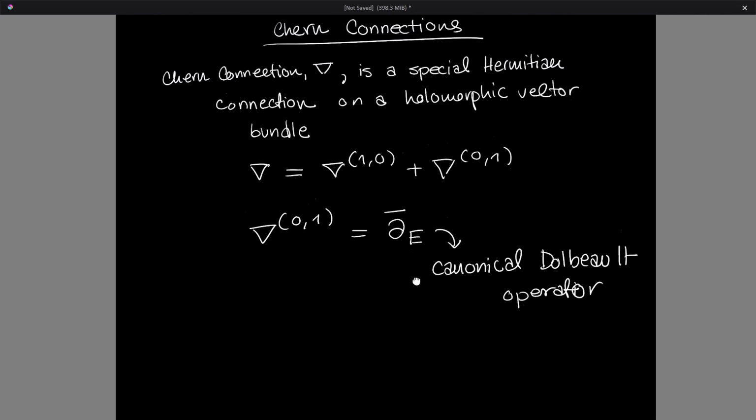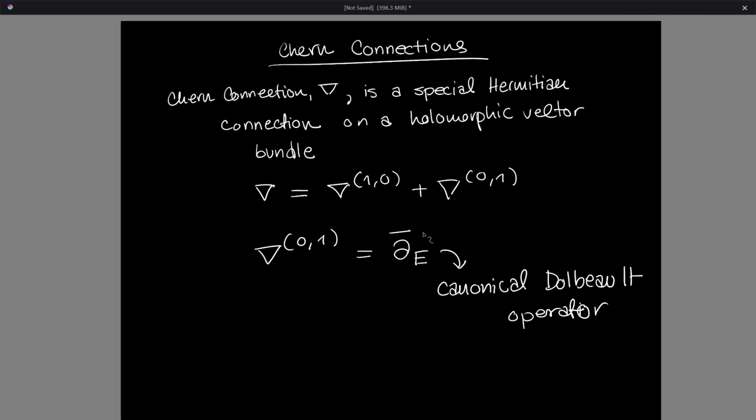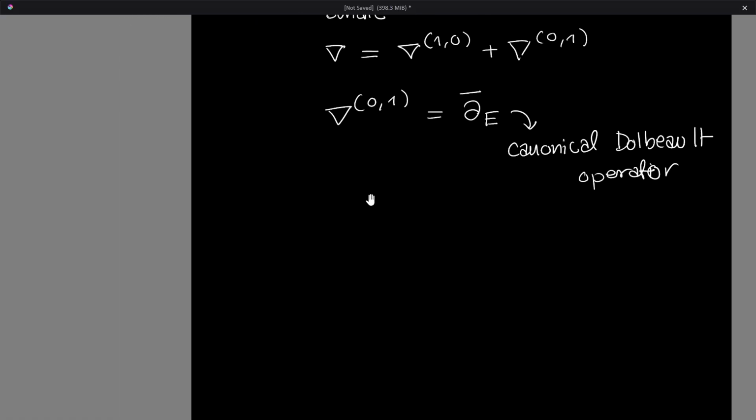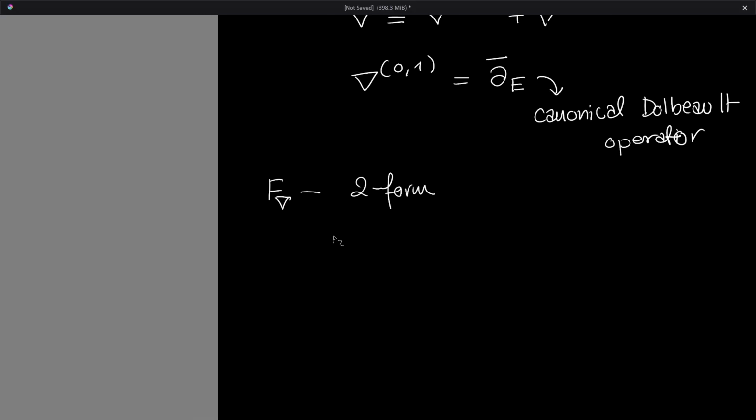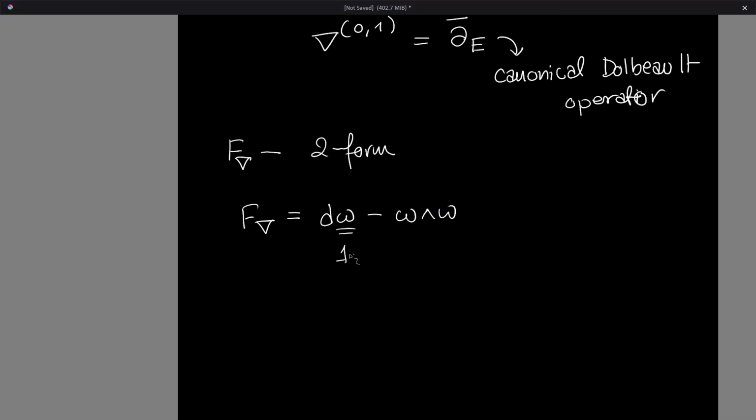So Chern connections are going to become really important because they're going to be the connection that we add onto a Kähler manifold, and in light of this manifold, we get a special decomposition of F nabla. F nabla is a 2 form, right? Because F nabla is equal to d omega minus omega wedge omega, and omega is a 1 form. So F nabla is a 2 form.